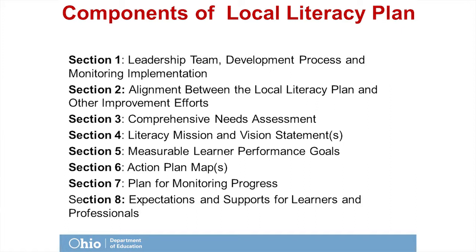Section 5 will be where you create goals based on that data you collected. 6, you will complete some action planning maps to show how you're going to go about achieving those goals. 7, you will talk about monitoring the progress of the grant, or the plan actually. And then 8 is where you talk about expectations, supports for learners and professionals.